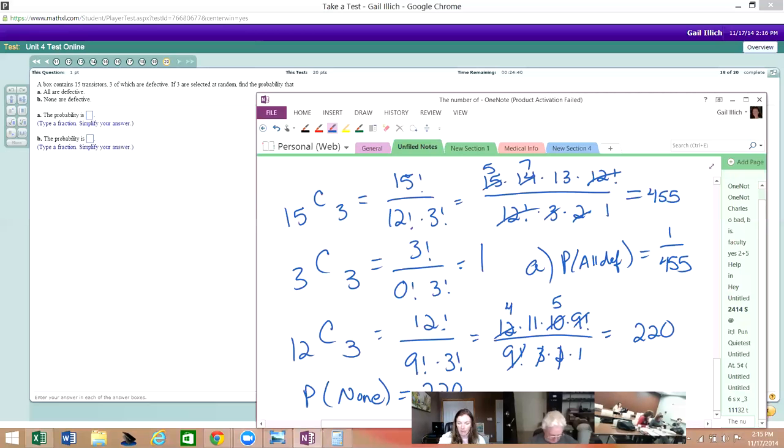You can use your math frac button or you can do it by hand. Like 5 goes into 220, let's see, that's going to be 44 times, right? Yeah. And 5 goes into 455 91 times.